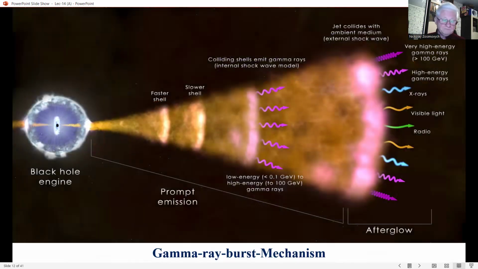Black holes and neutron stars at the center of an accretion disk can eject powerful beams of radiation and particles. Such beams have been detected. Gamma ray bursts appear to be related to violent events involving neutron stars and black holes.